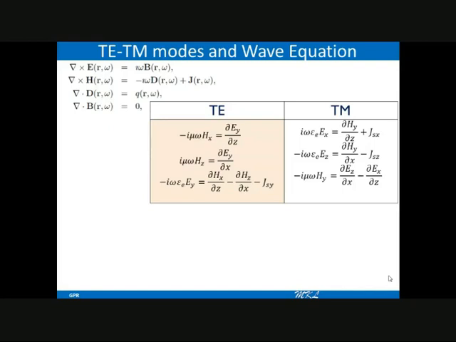When you reduce a 3D problem to 2D, it has two components: one is transverse electric and the other is transverse magnetic. Why transverse electric? Because in the transverse electric mode the electric field is transverse to the propagation direction. In the transverse magnetic mode, the magnetic field is transverse to the propagation direction.